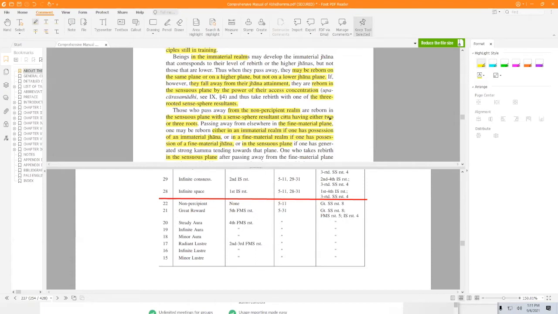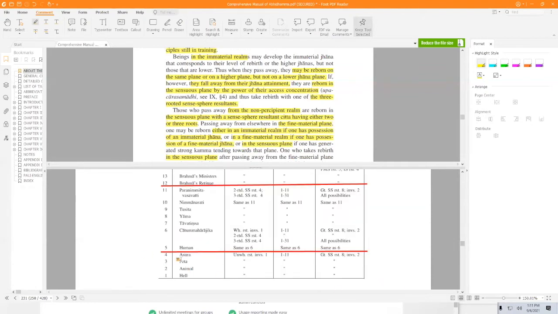And that means, since they'll have at minimum 2 roots, that they have to be in the human realm or in the sense sphere heavens. Because if one takes rebirth in the lower realms, the unfortunate destinations, the rebirth consciousness in those realms is only the investigating consciousness accompanied by equanimity.